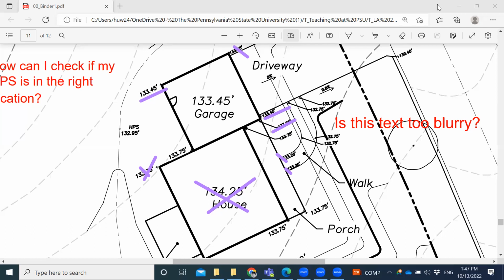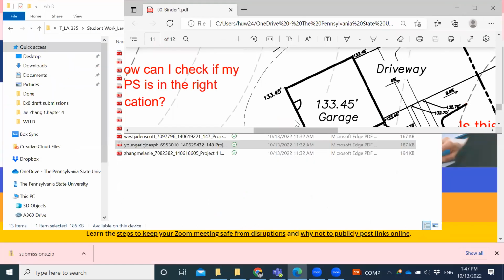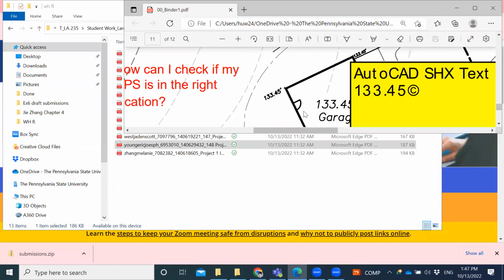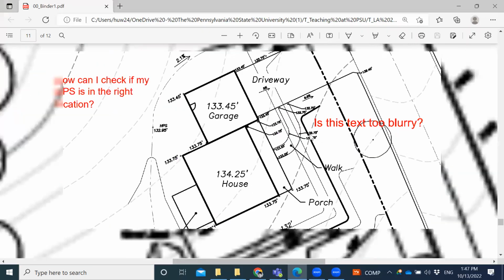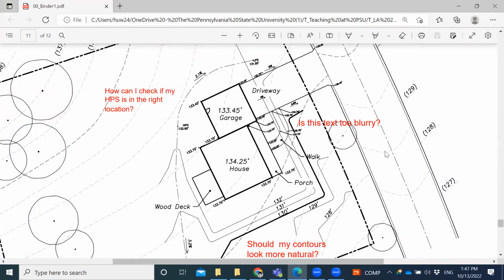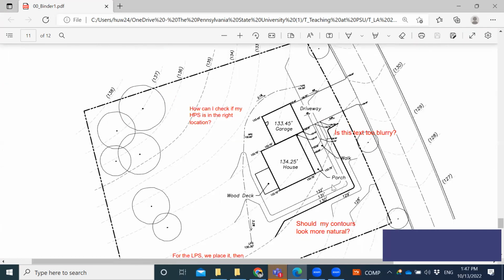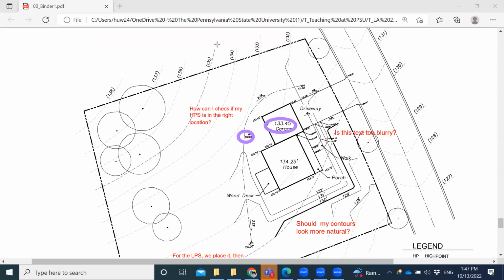Otherwise, let me zoom out again. That's okay. Yeah, I think your solution, I think these are okay. That needs to be changed.